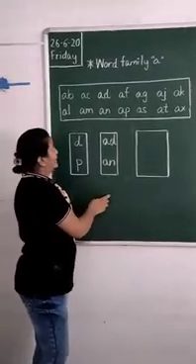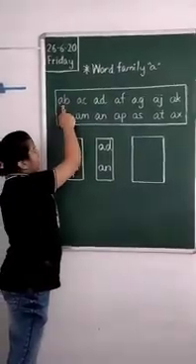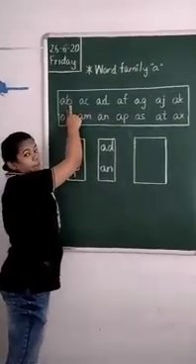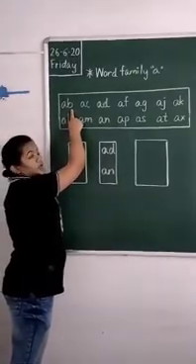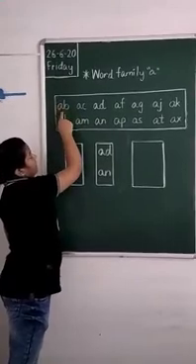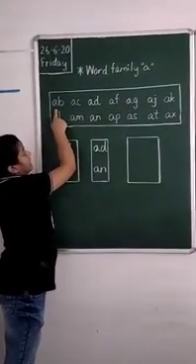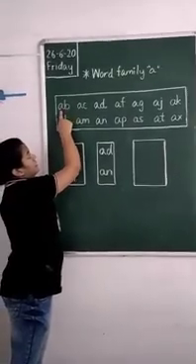Excited? Okay. Tell me. A says A, B says B. This is a vowel and I have added a consonant with it. So this is the family of A. A says A, B says B. What is this?